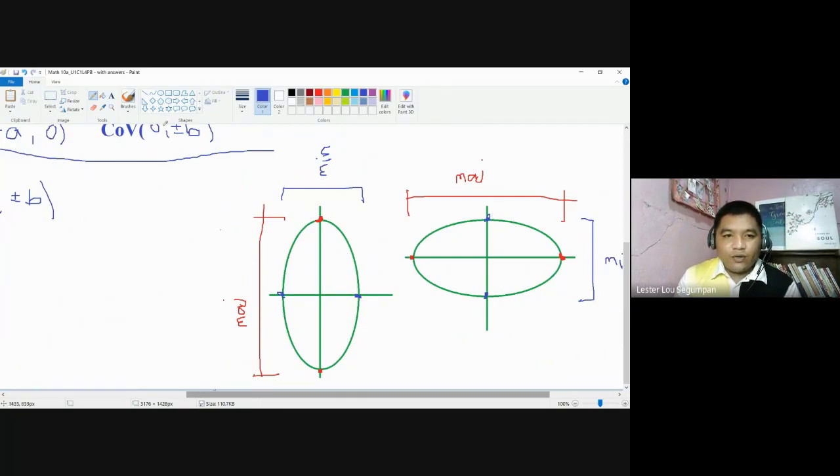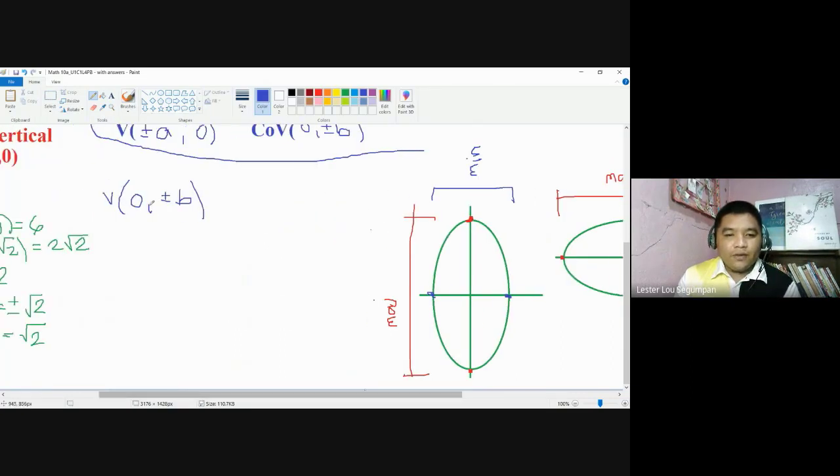So whatever were the co-vertices earlier for horizontal will become the vertices. And by the way, it's not B. I forgot to mention, so sorry for that. It's actually A, just interchanging it. And for the co-vertices, you have plus minus B and then 0.